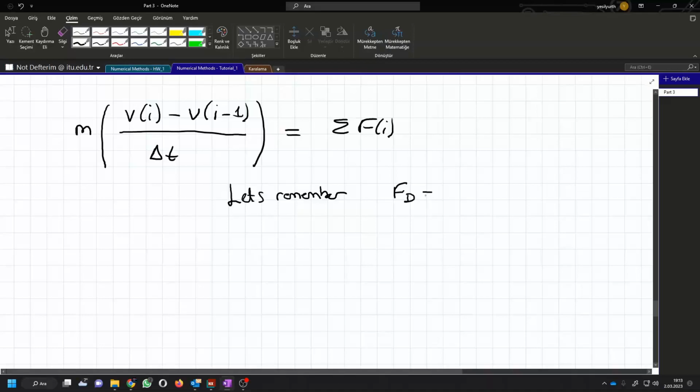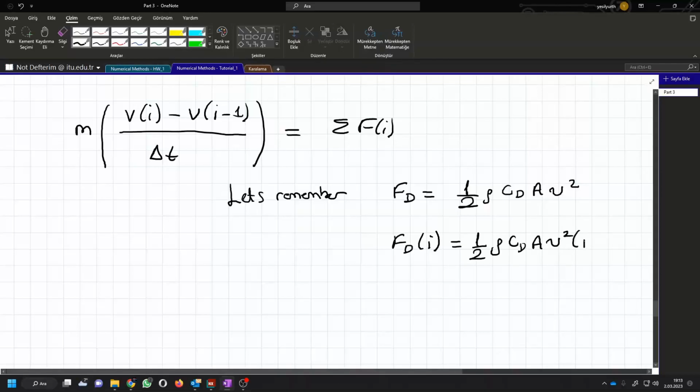If we remember, Fd was equal to 1 over 2 rho times Cd times A times V square. So if I am calculating the value of Fd at i, this will be 1 over 2 rho times Cd times A times V square of i, right?